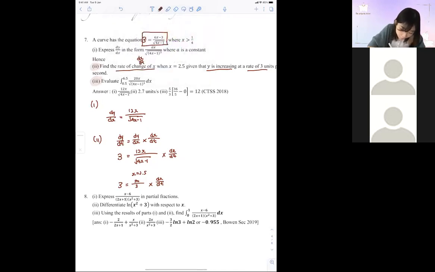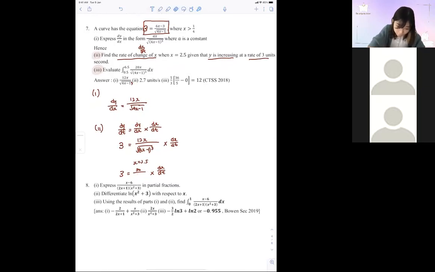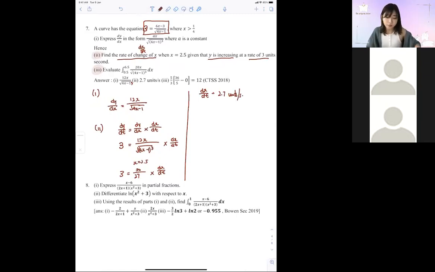Oh, there's a cube here. Then you get units per second. Dylan, you get that?